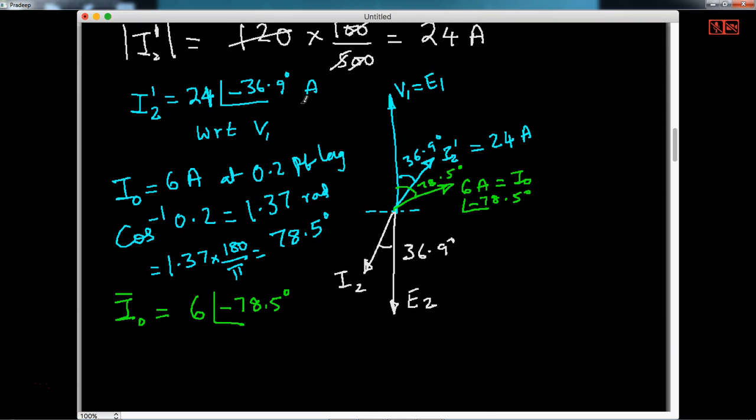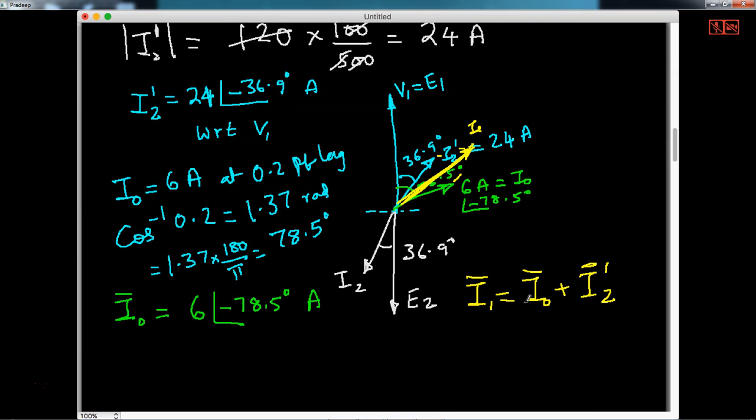Now I can calculate I1. How to get I1? I1 is the vector addition of these two, I0 plus I2 dash.